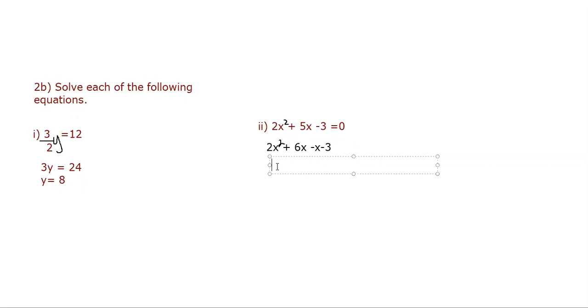So basically, as I said before, you find what is common. So what is common between 2x² and 6x? 2x. Good, because 2x into 2x² leaves x.